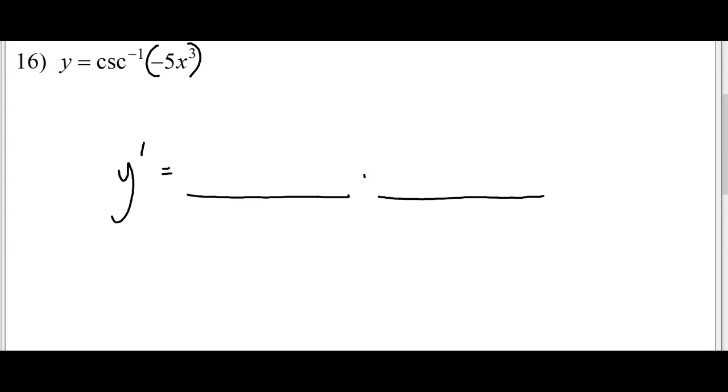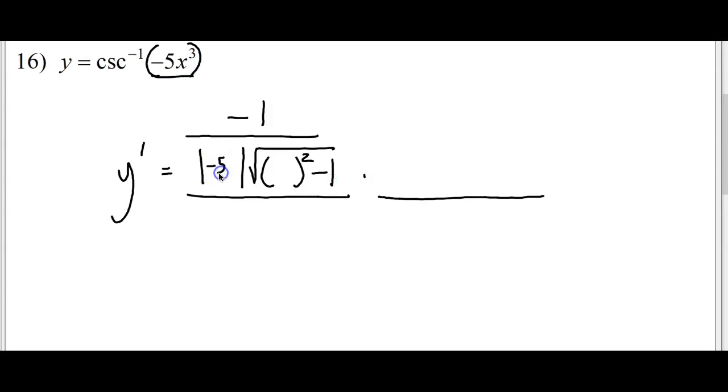The only difference is that there's a negative on the outside. This time what goes inside the brackets and parentheses is the negative 5x cubed. And then over here on this last one, we're doing the derivative of the inside, which is negative 15x squared.